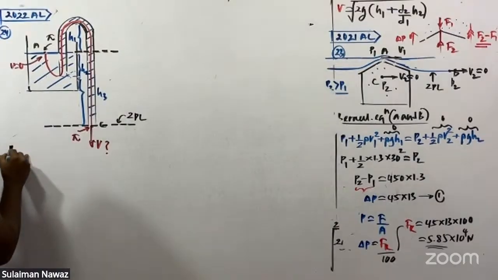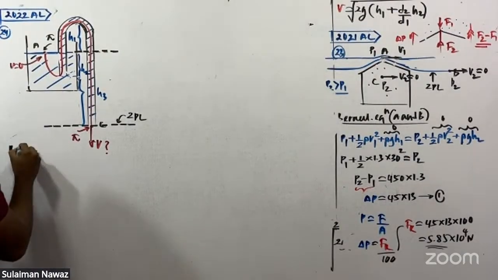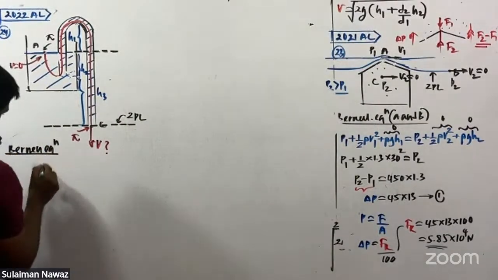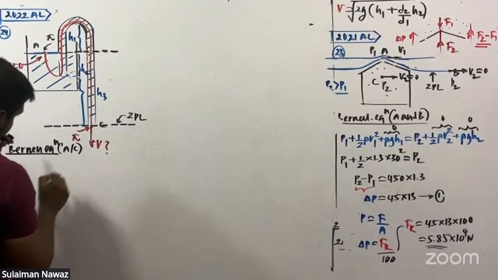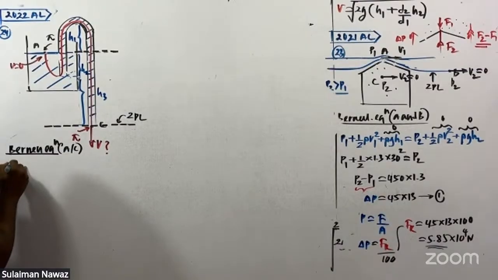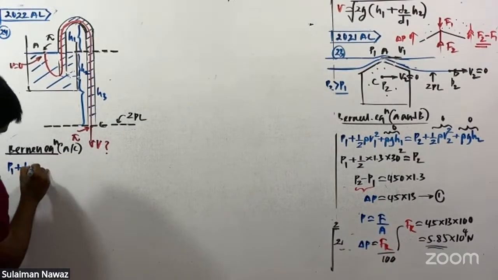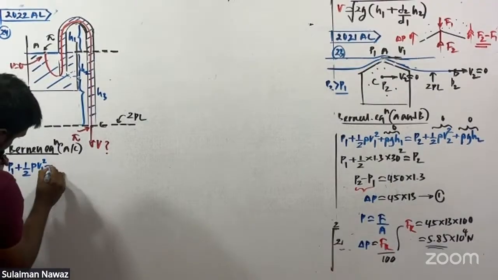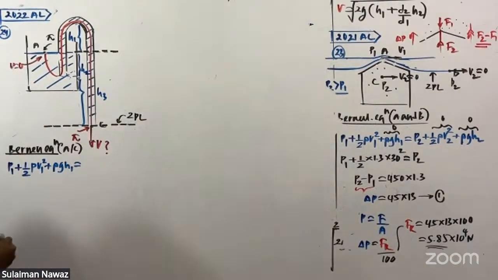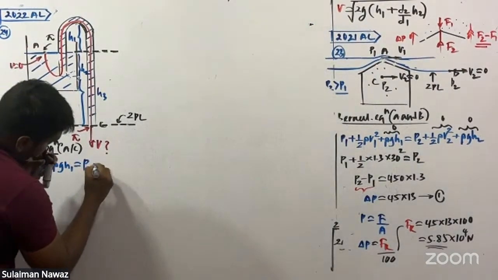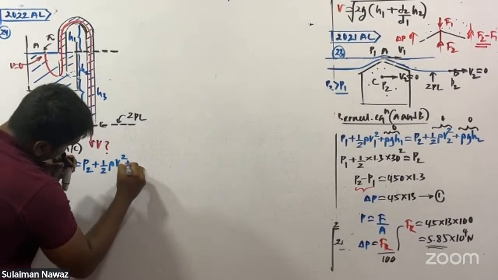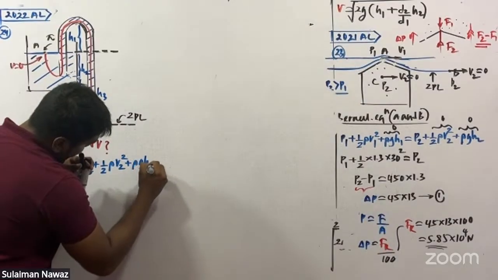Bernoulli equation for point A and C. P1 plus half rho V1 squared plus rho g h1 must be equal to P2 plus half rho V2 squared plus rho g h2.